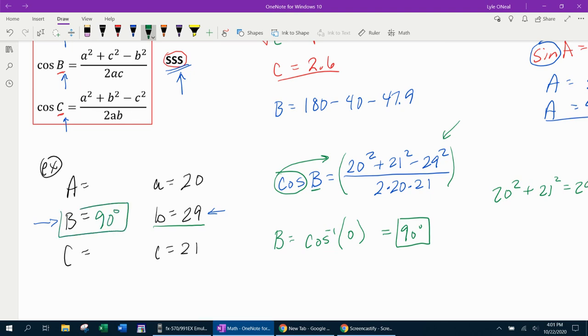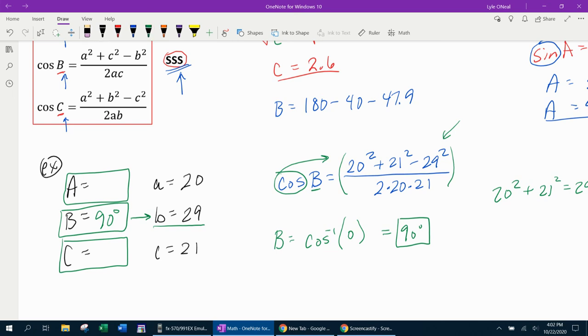Now then, I can either find angle A or angle C with the law of sines or the law of cosines. I can now use the law of sines because I now have an angle and the side across from it, or I can use the law of cosines if I want to.